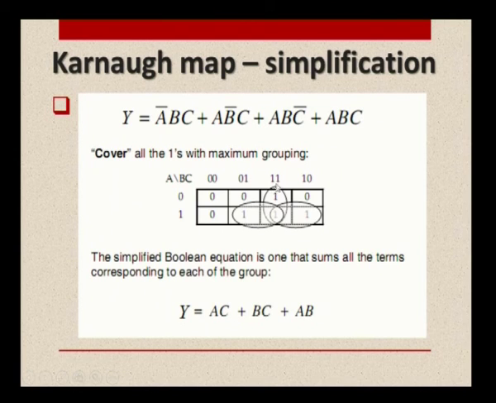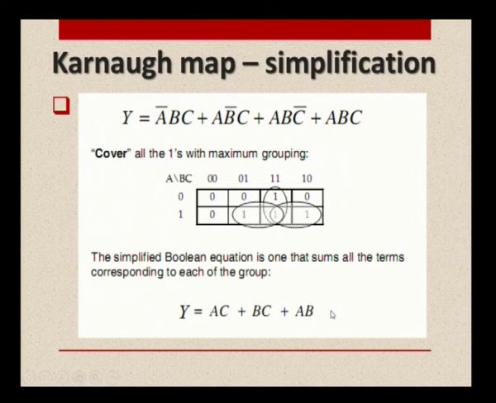When we consider this vertical pair, for B and C it is 1 1, so BC is written here. For this pair, A and C, for C it is 1, so the AC pair is written, and for this one, A and B, B has 1 common.